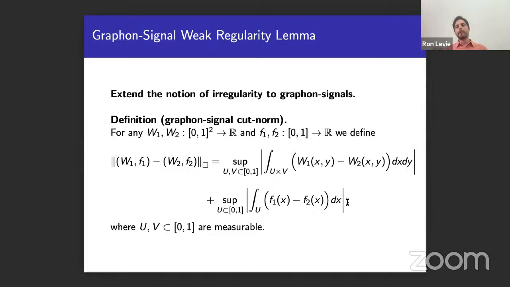You can bound this from above by the L1 norm of the signal and from below by 0.5 times the L1 norm. So you could replace in the whole theory the signal norm by L1, but you get nicer bounds and the proofs are nicer if you use this definition that we proposed.